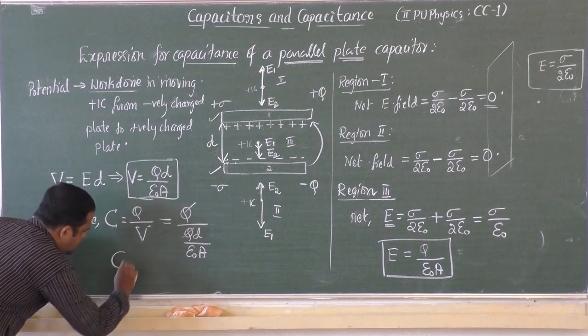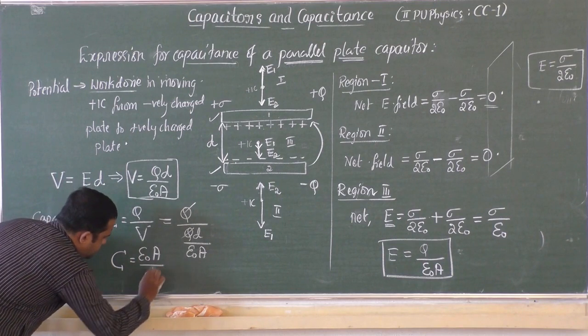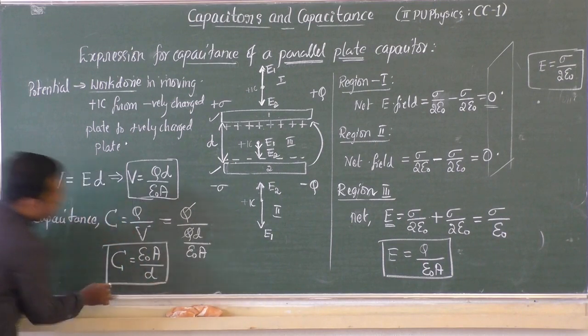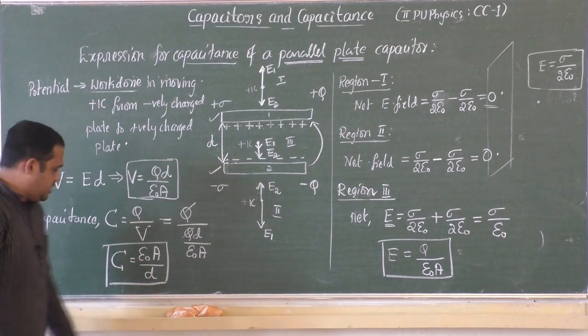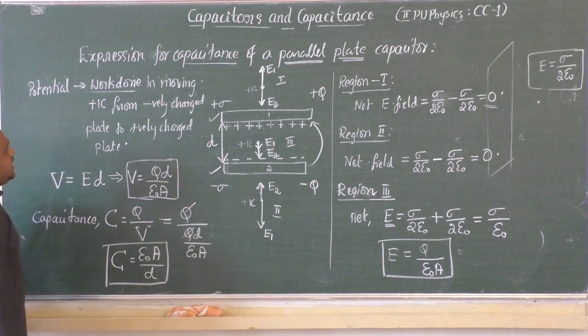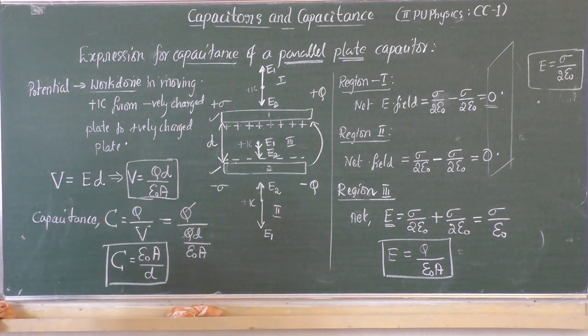So capacitance C is equal to epsilon naught A divided by D. This is the expression for capacitance of a parallel plate capacitor.